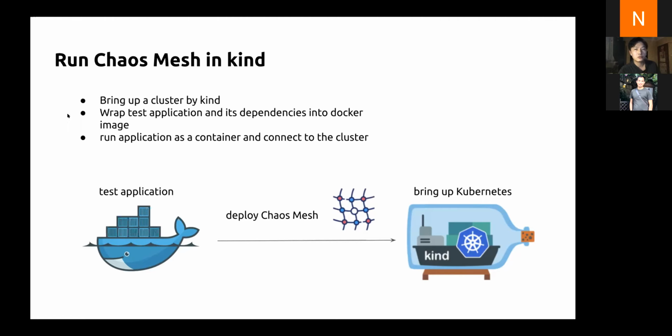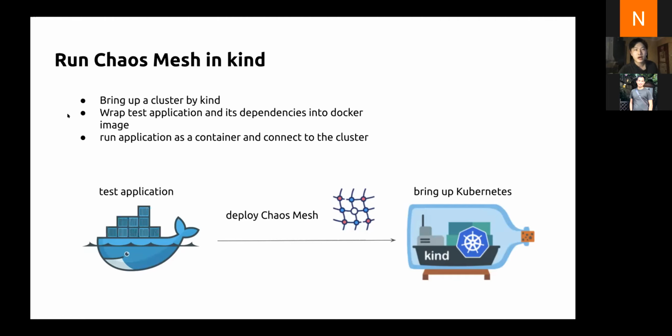We also need to install the Helm client and kubectl so that the application can execute them directly. To make the test application's running environment consistent for every user, we wrap the test application and its dependencies into a Docker image and run it as a container.